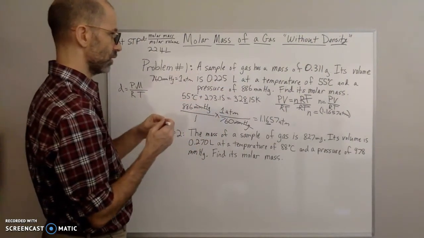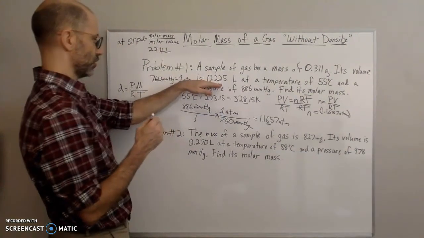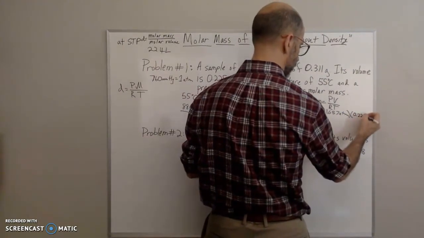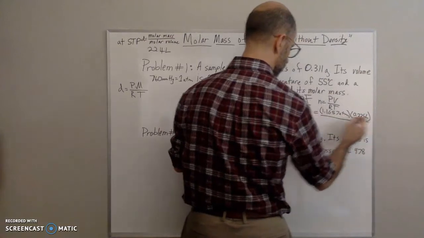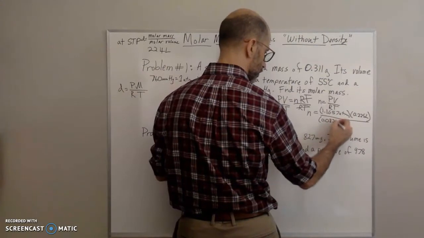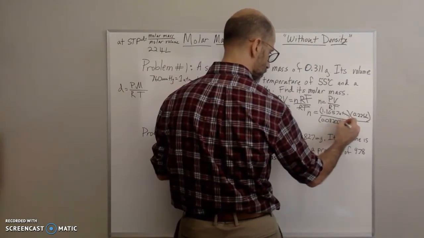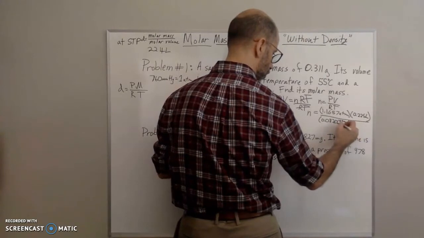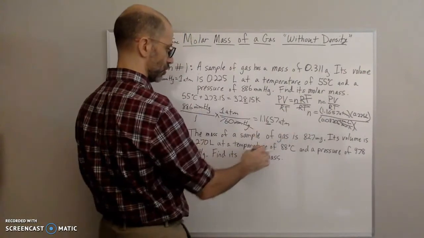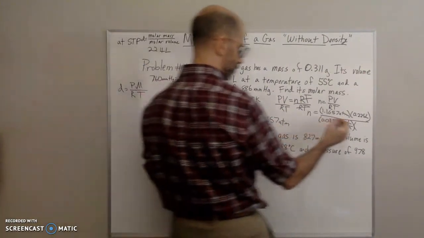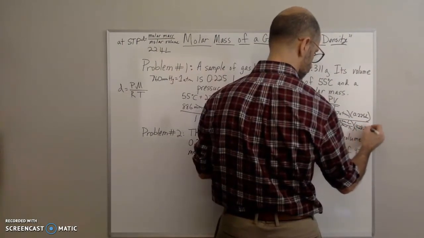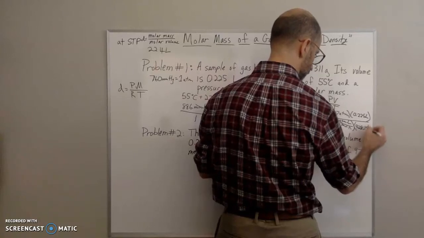Where's the volume? I thought they gave me volume. It's volume, there it is. 0.225 liters over R, which is 0.08206 atmosphere liters over mole Kelvin, and then multiplied by the temperature, which is 328.15 Kelvin.